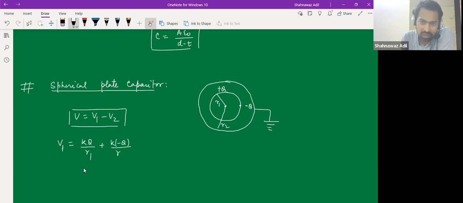Is it R1 or R2? R2, right? Absolutely right.